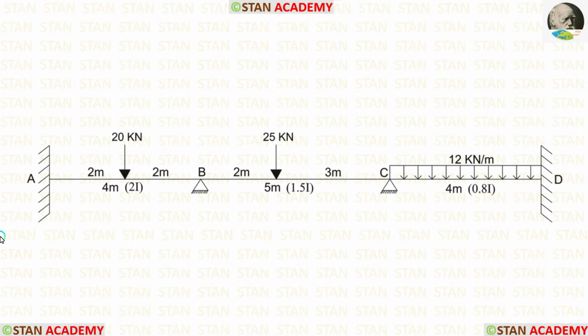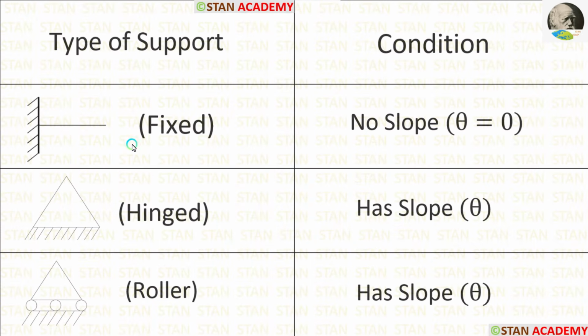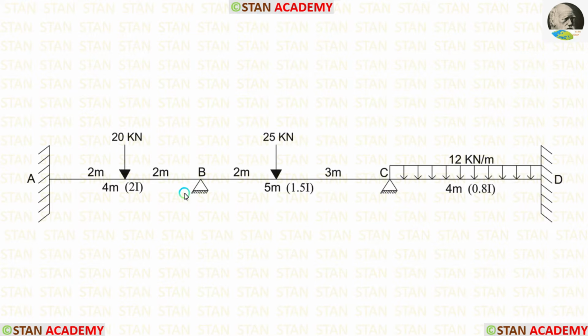In the slope deflection method, we have to see the number of supports in which slope can occur. Let us see the conditions. In the fixed support, there will be no slope. In the hinged support, there will be slope. Also, in the roller support, there will be slope. In this beam, at points B and C, there are hinged supports.